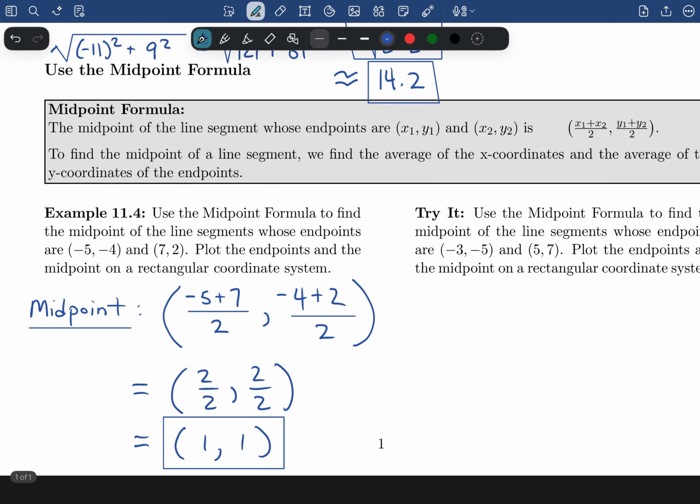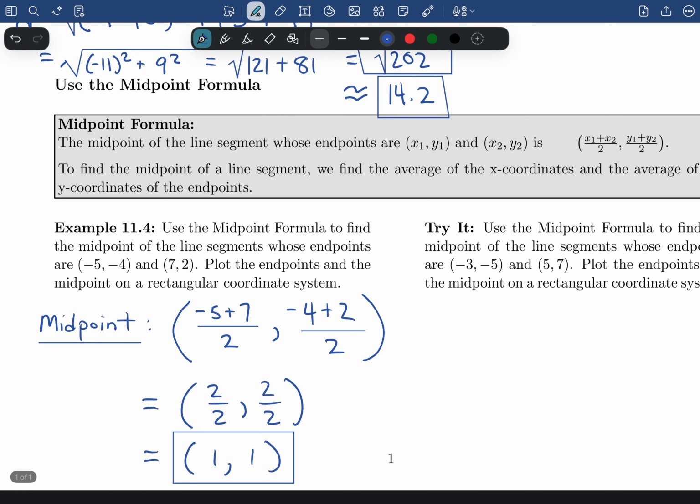If I was to plot that on an XY coordinate system, I'll do that right here. I'll just create a coordinate system from scratch so you can see I've got the point (-5, -4). That means I'm going 5 units to the left from the origin, and then I'm going down 4 units.